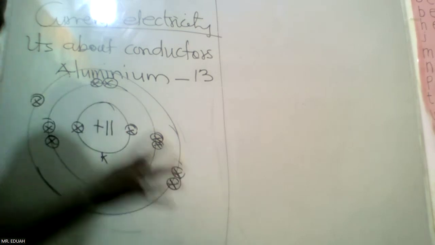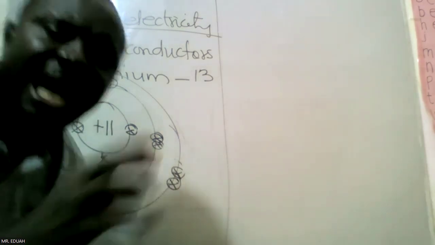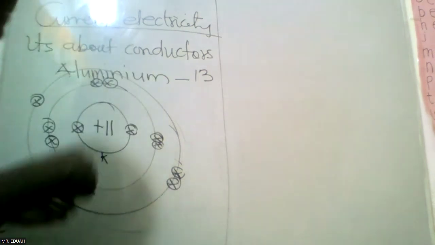And all of them have this. Because of that, we say conductors have free electrons in their valence shell.